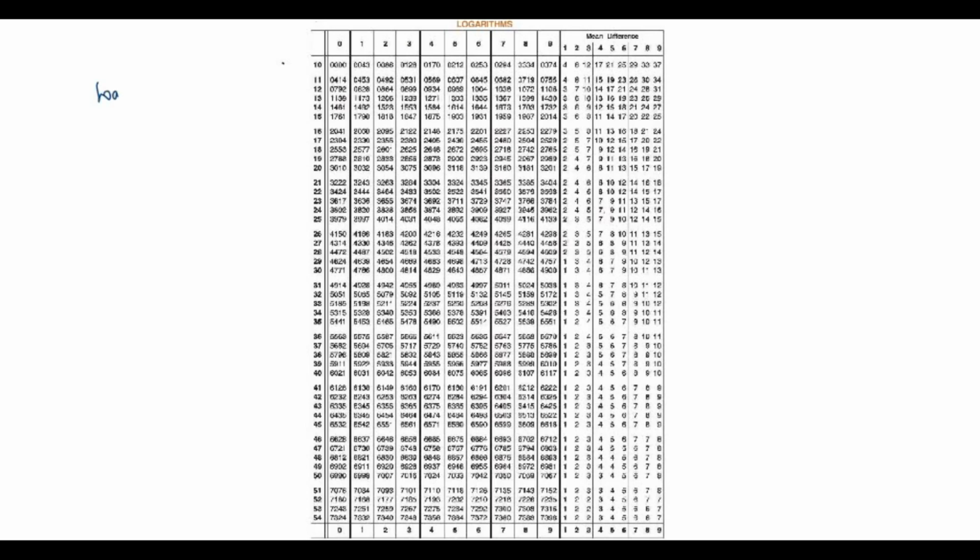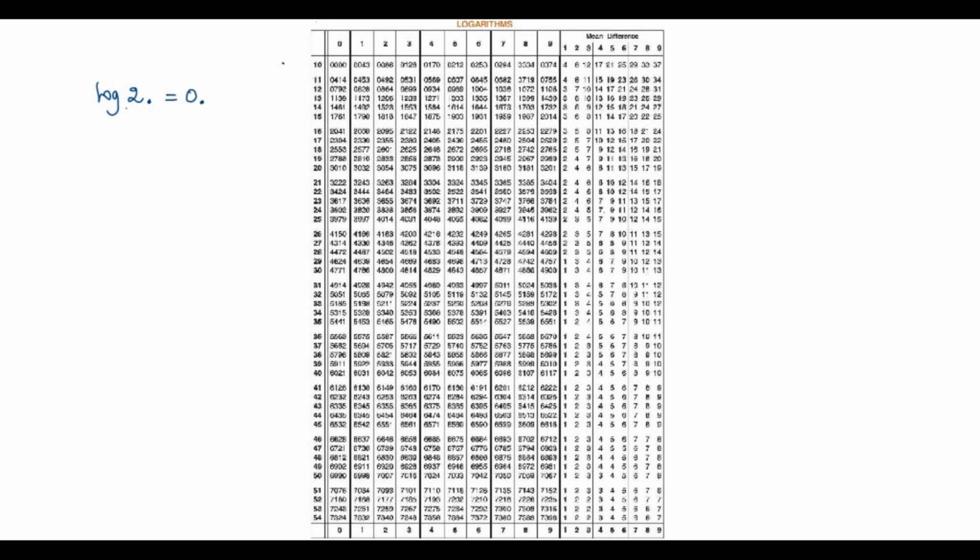Let's consider log 2. Here in this log 2 we don't have a decimal point, so I have to assume there is a decimal point after this 2. Now before the decimal point we have only one digit, 2. So if I subtract 1 from 1, I get 0, then I take the decimal point.